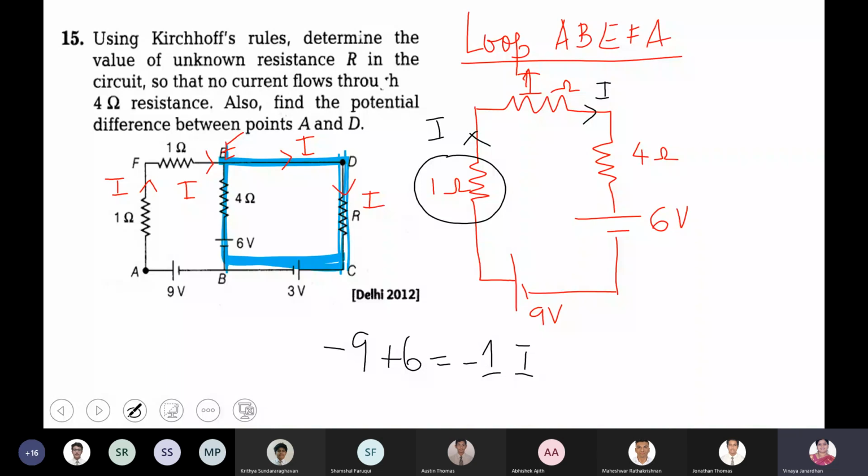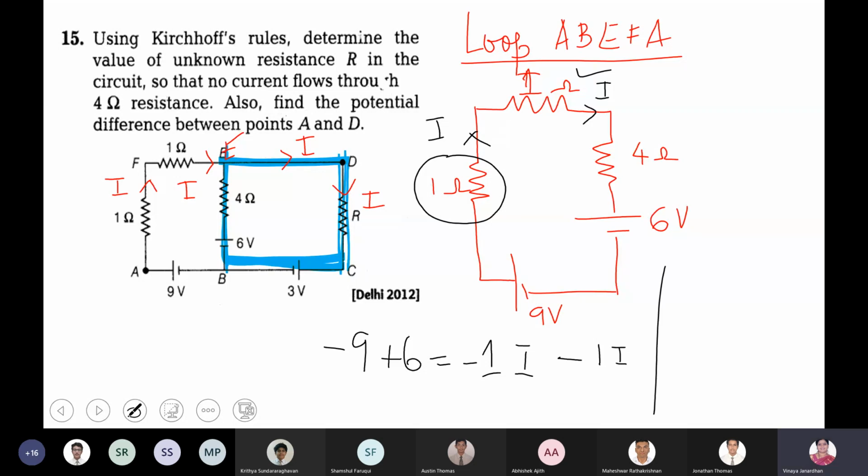The voltage across 1 ohm resistor is the resistance into the current. Current is flowing in the clockwise direction, so the value of the voltage is negative. The next one, 1 ohm resistance. For the second 1 ohm resistance, how is the current flowing? Clockwise. So the voltage will be 1I.